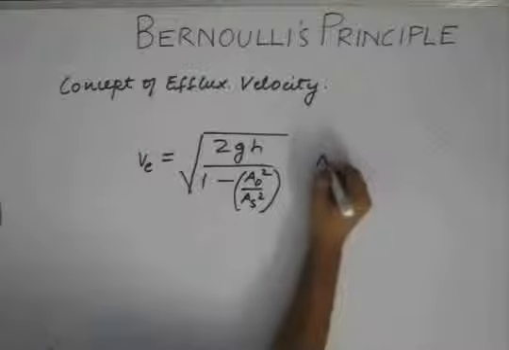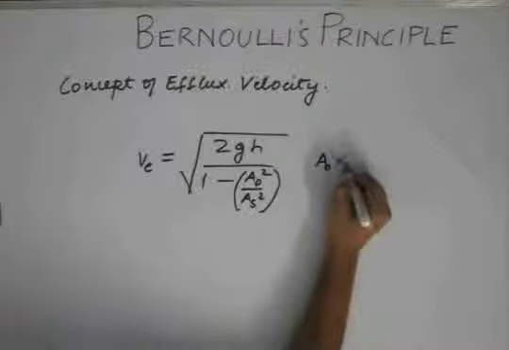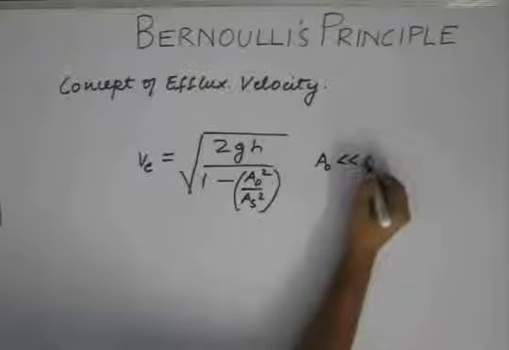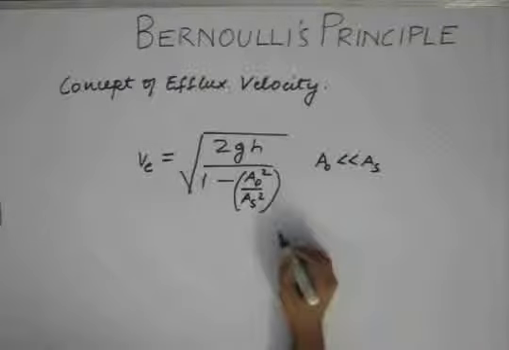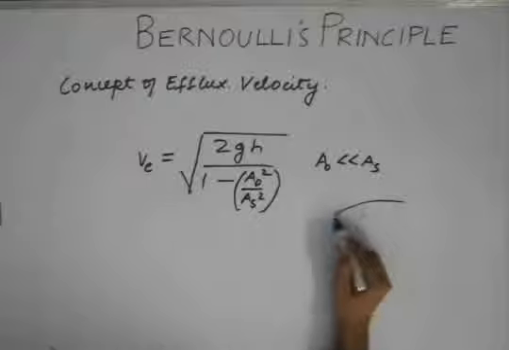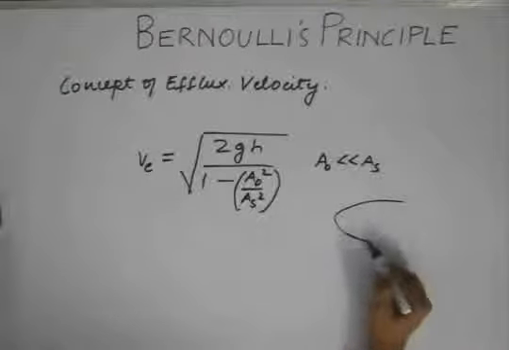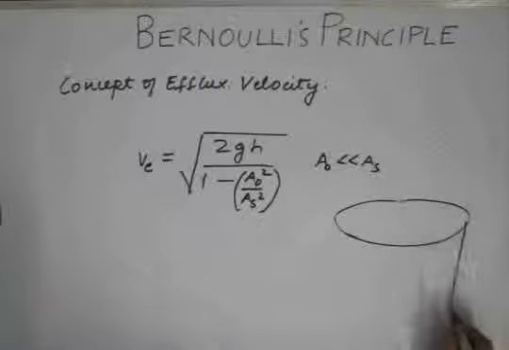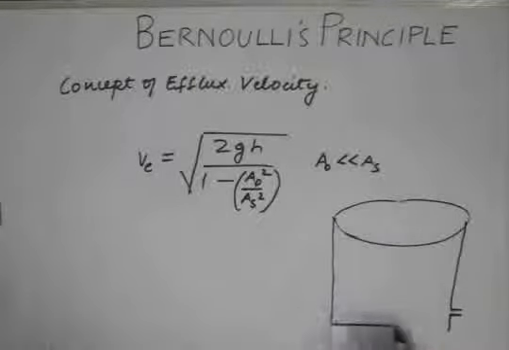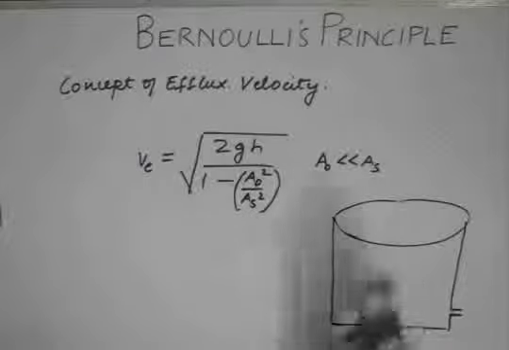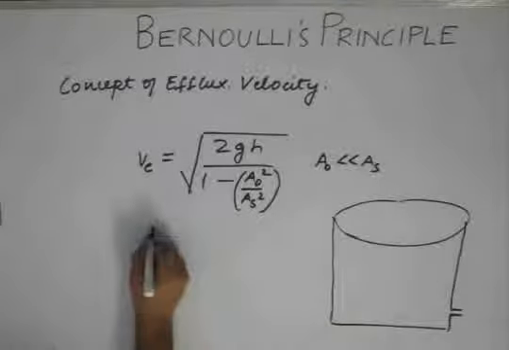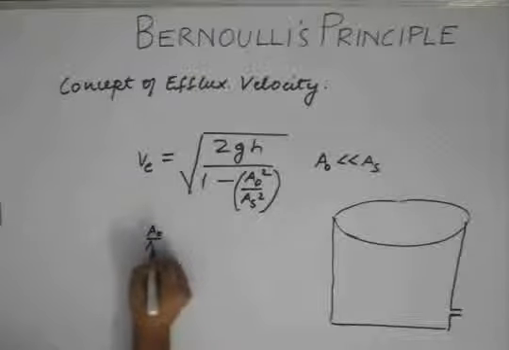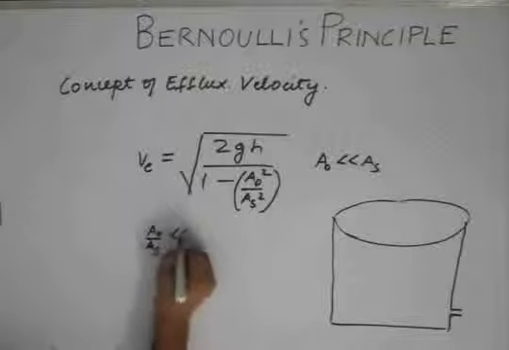If we assume that the area of cross section of the orifice is very less than AS, the surface area, which is, let's say, a container with a very large cross sectional area and a very small orifice at the bottom of it, something of this sort, then we have this ratio AO by AS being very less than 1.